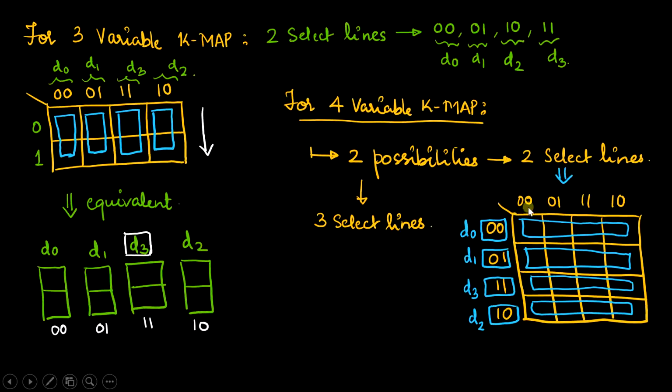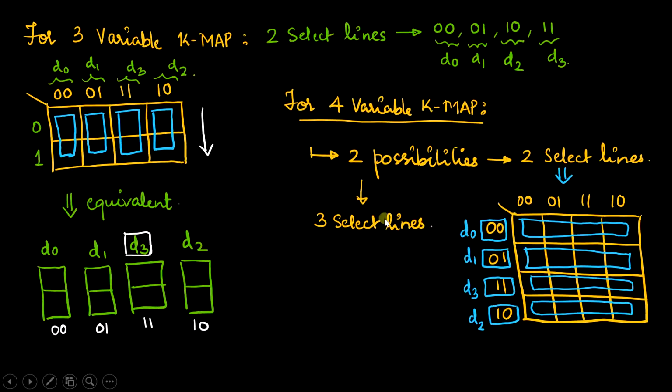If you are considering these to be D0, D1, D3 and D2, then we will have the vertical grouping. So it's left to you which one you consider. You can either consider horizontal grouping or vertical grouping.